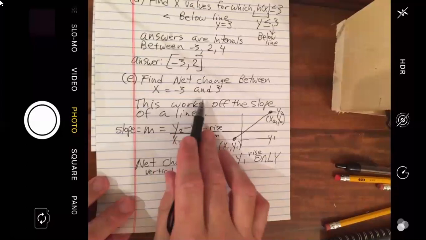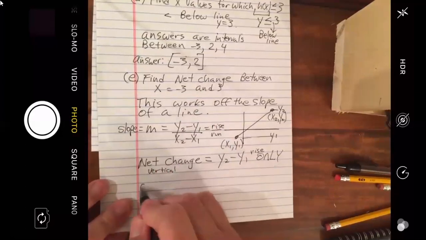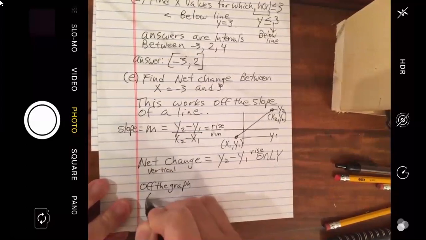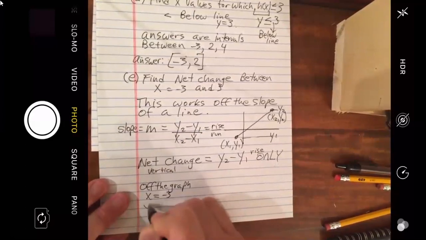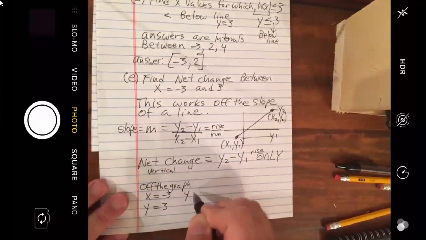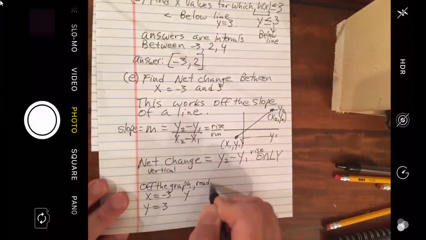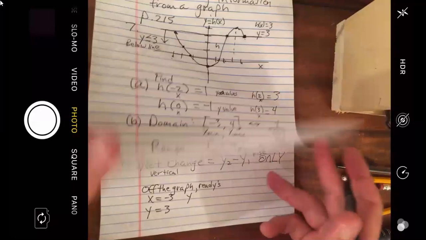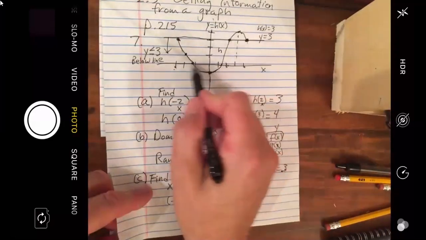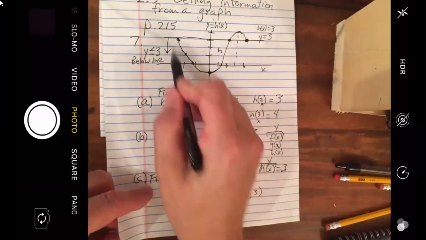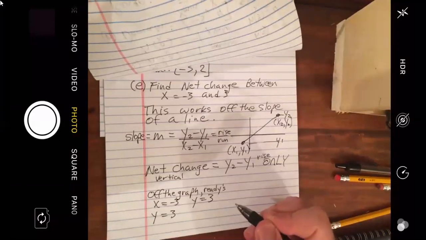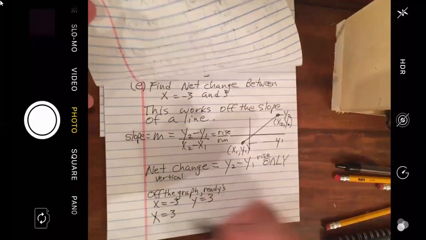So for these numbers off the graph, they wanted me to do it at x equals -3 and at x equals 3. I've got to read the y's. So at x equals -3, again, it's tough to redraw the graph, y is 3. I'm sorry, that's an x, my fault.